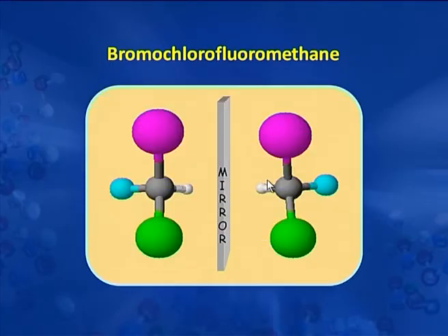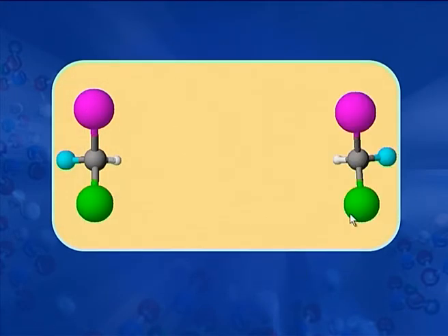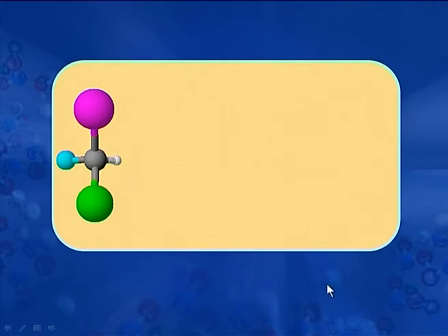Now, let us take up another molecule, bromochlorofluoromethane. In this, 3 hydrogen atoms of methane have been substituted, one by bromine, another by chlorine, and third by fluorine. This is its mirror image. This is our original molecule, this is its mirror image. Let us check their superimposability. What we find here?